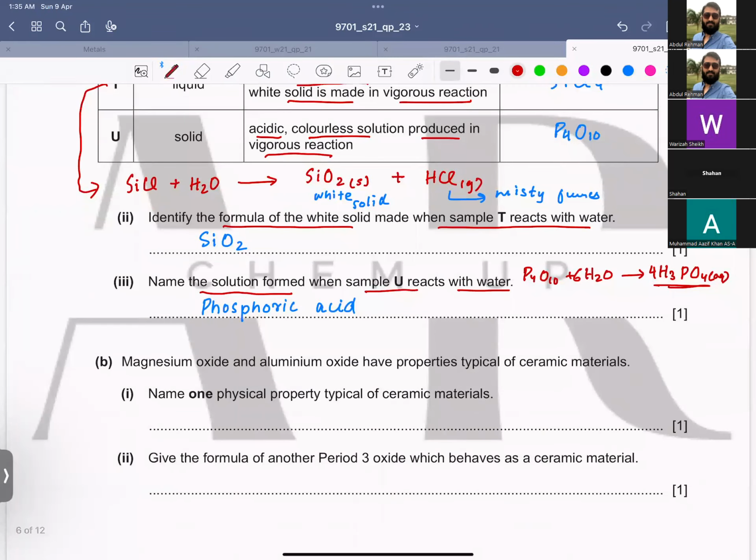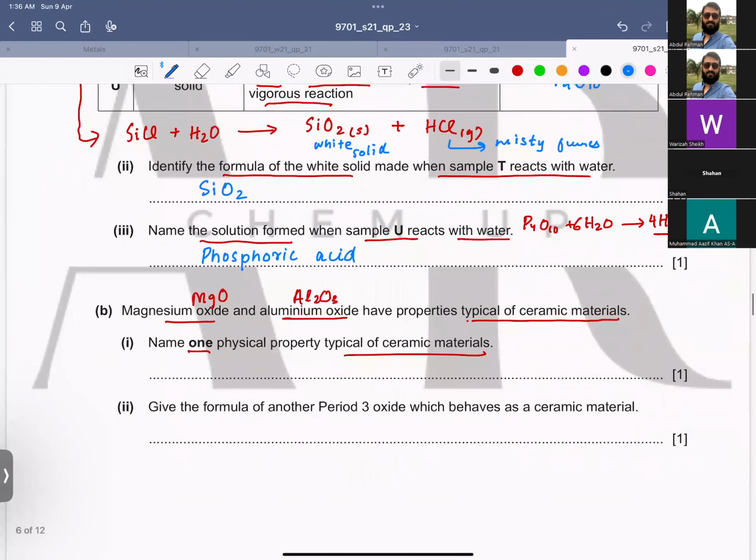B part: magnesium oxide, MgO, and aluminium oxide, Al2O3, have properties typical of a ceramic material. Name one physical property of a ceramic material. One property that ceramic materials have is a very high melting point.